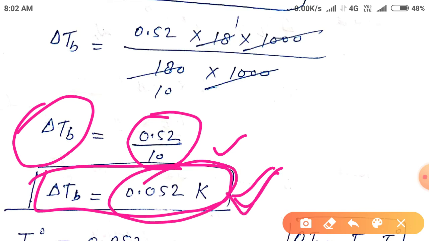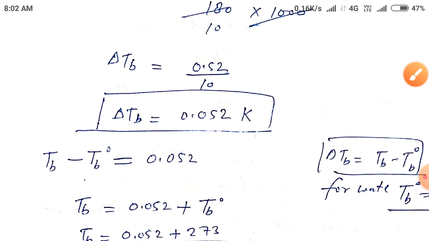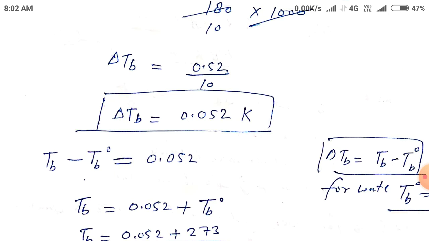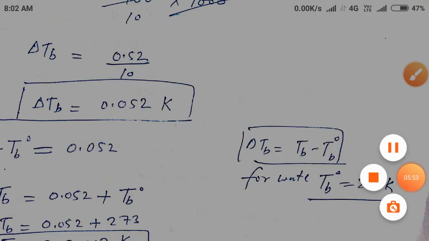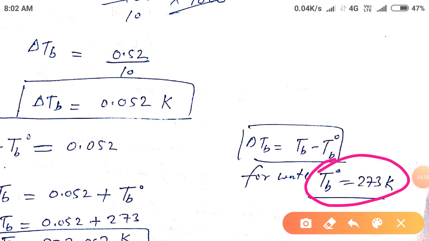Now we know that delta Tb equals Tb minus T naught b. T naught b is the boiling point of pure water, which is 273 Kelvin. Actually it is 273.15 Kelvin, but we can also write 273 Kelvin.